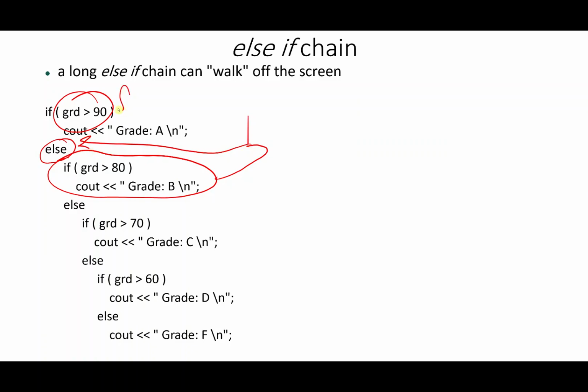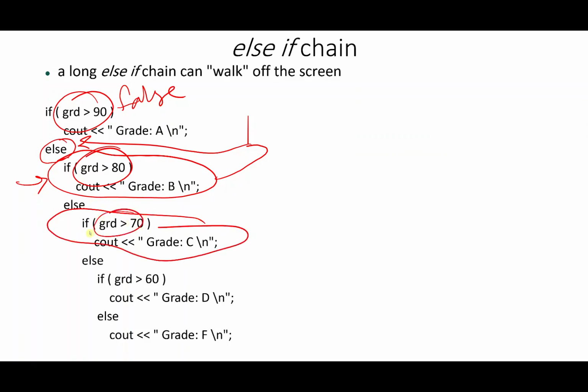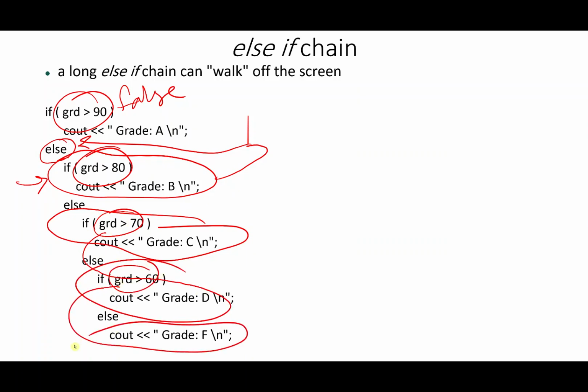Now, if this is false, this block is going to be executed. If this is false, then this is the false block. If this is false, this is the false block.